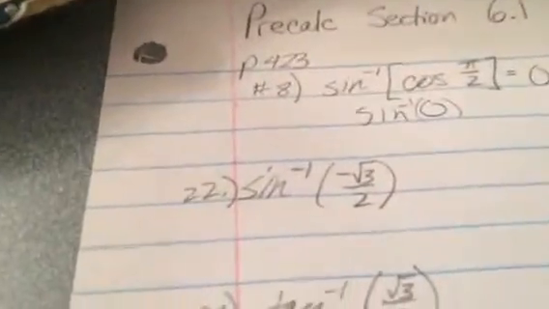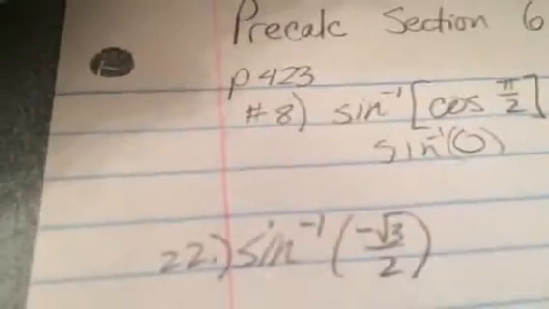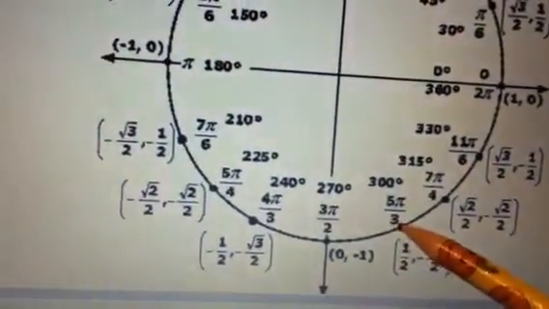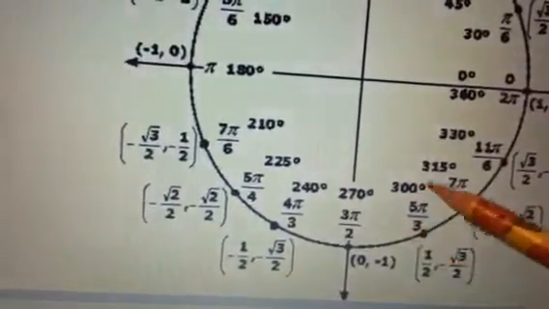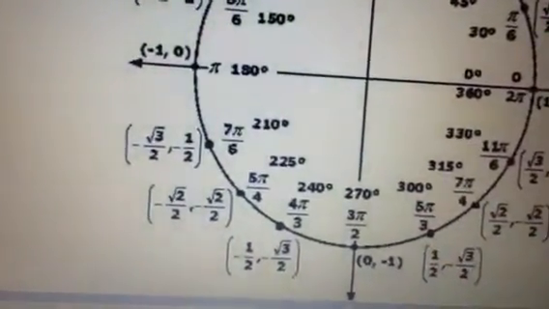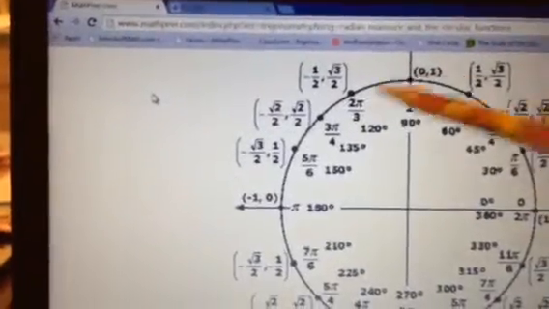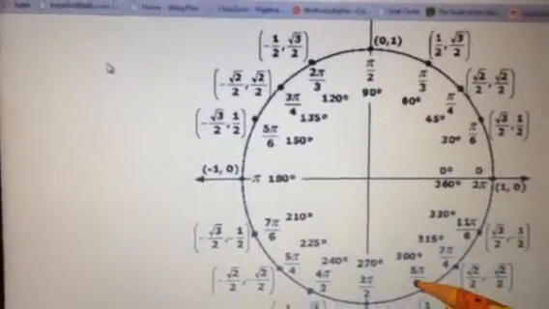Next question. This translates into what angle has y value -√3 over 2? Again, you guys must know your unit circle, but if we were to look at the unit circle, we would see that it would be this angle right here. That's where my y value is -√3 over 2, which again, I cannot say is 5 pi over 3, because that would be implying that I'd be going all the way around to 5 pi over 3.